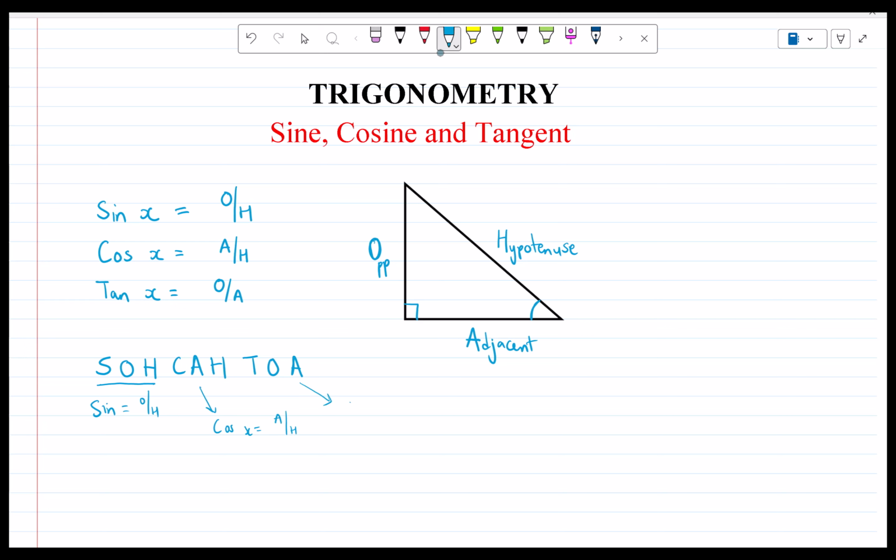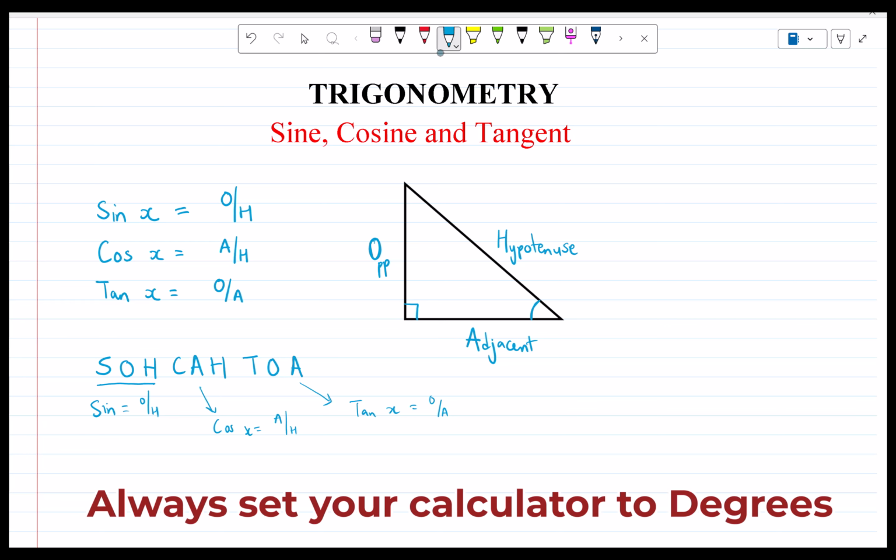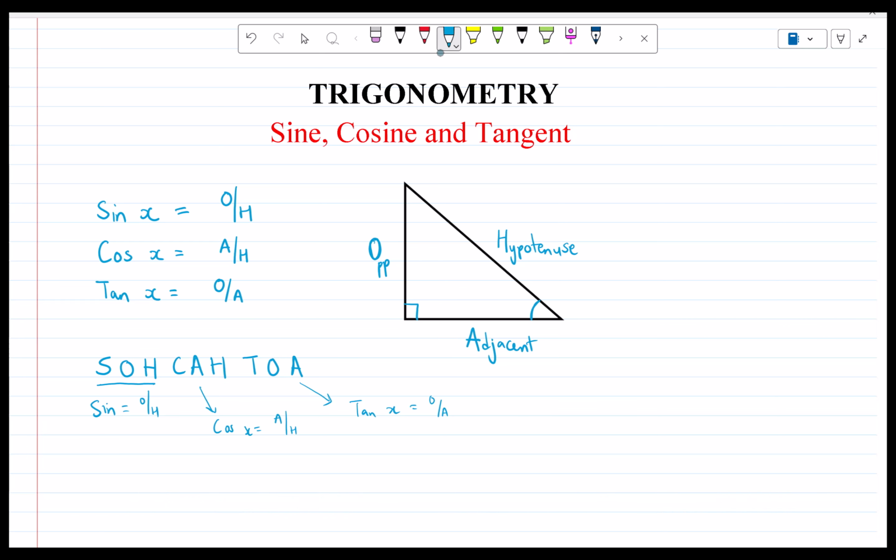And lastly, TOA means tan x is equal to opposite over adjacent. We are going to make use of these three functions to find the length of a side, which will be labeled by a letter. And one thing you should always remember when calculating on your calculator is to make sure that it is in degrees. Always set your calculator in degrees.